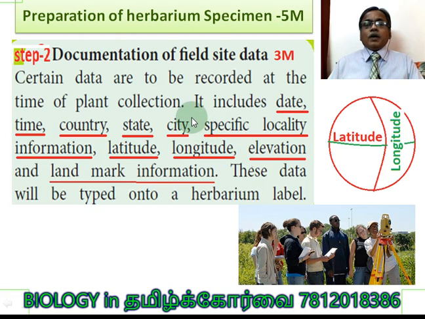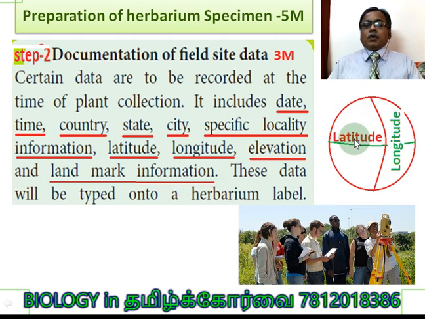So here also they are collecting all the information. What information are they collecting? Date, time, country, state, city, and specific locality information from where the plants are collected. Latitude, the imaginary line on earth which is parallel to the equator.